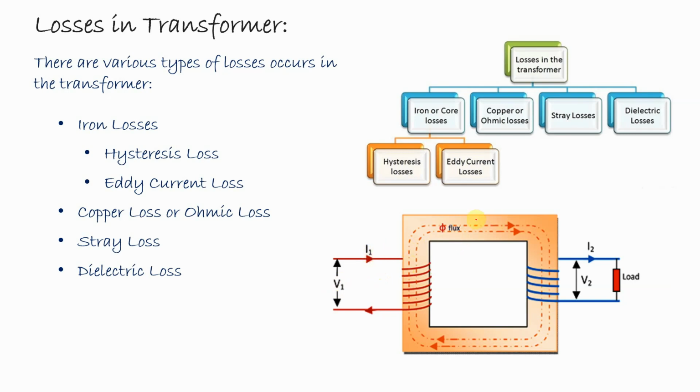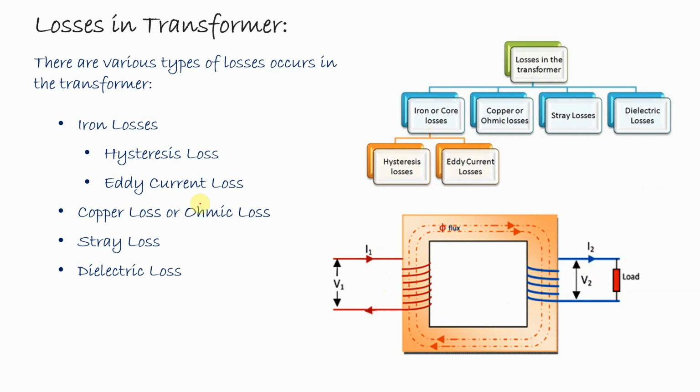That means the flux is also sinusoidal in nature, which we have already seen during the operating principle and the EMF equation. When this flux links the primary and the secondary winding, then EMF is induced in the primary as well as in the secondary winding. And if the load is connected across the secondary winding, then current will flow in the secondary side.